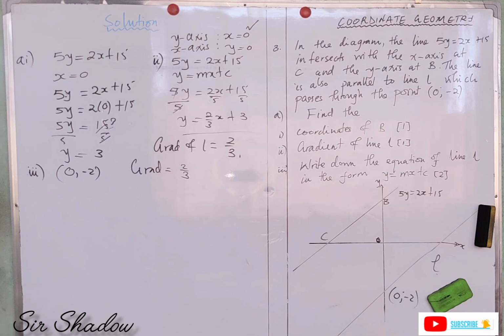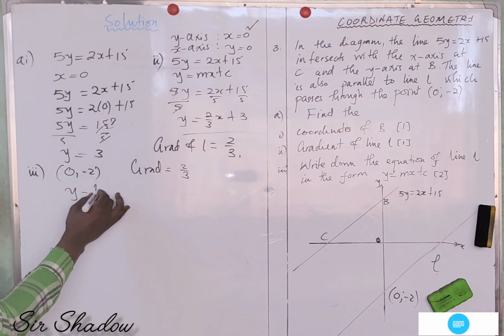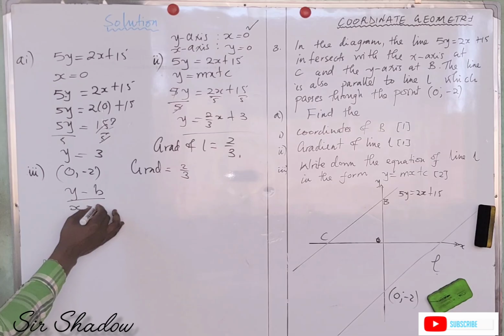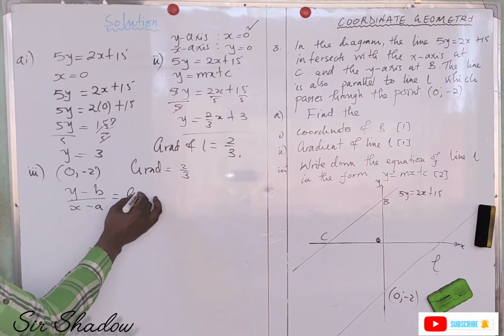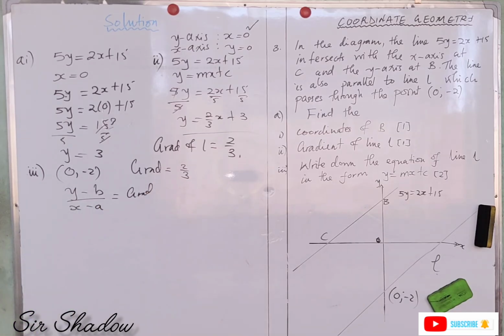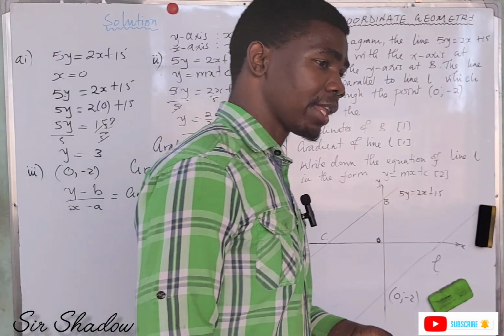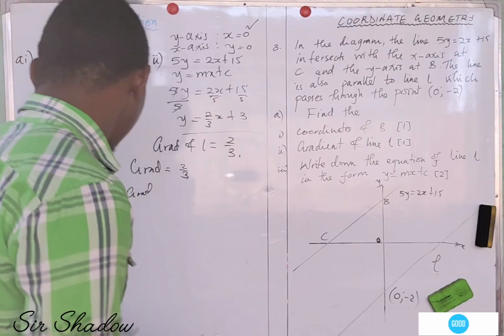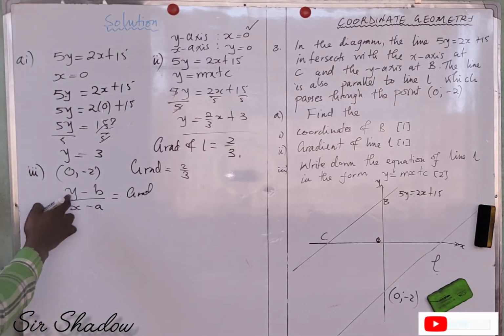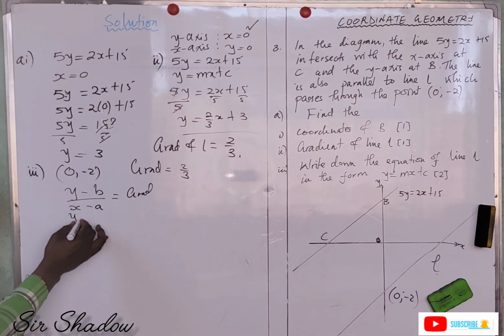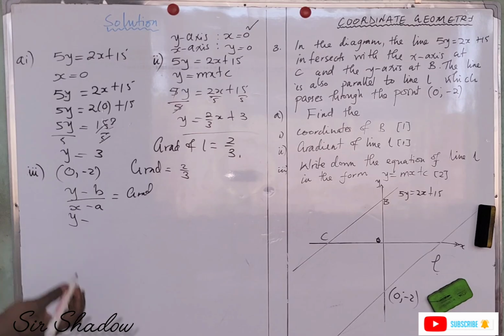So what you have to do is we say (y minus b) over (x minus a) equals the gradient. That's the formula you can use whenever you are given the coordinates and the gradient. Remember, we want to find the equation of a line. So this gives us y minus, where there's b, we take the y value.